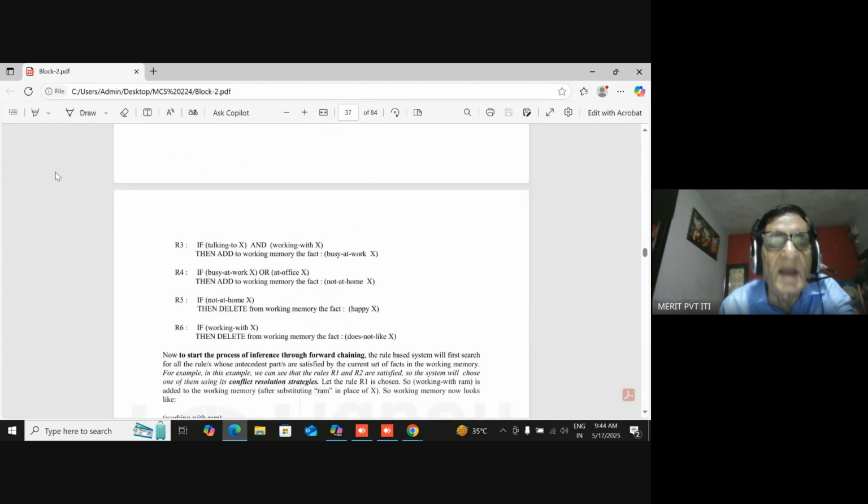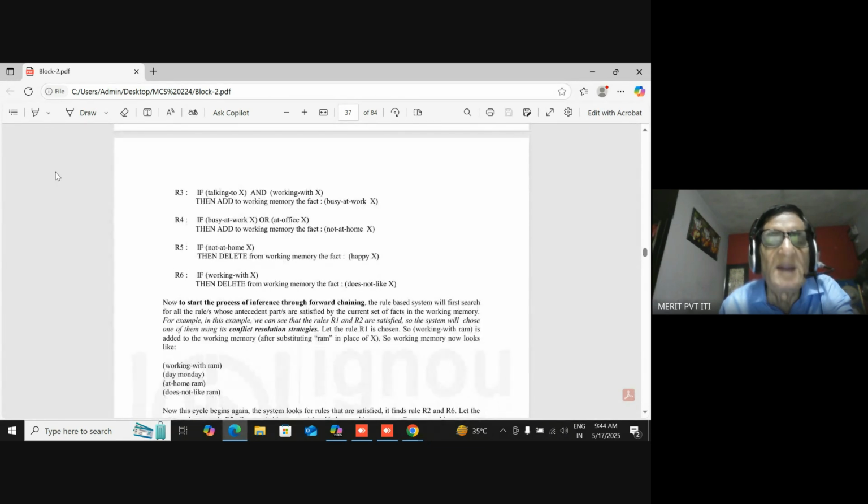If talking to X and working with X, then add to working memory the fact busy at work X. If busy at work X or at office X, then add to the working memory the fact not at home X. If not at home X, then delete from working memory the fact happy X. If working with X, then delete from working memory the fact doesn't like X, that is, doesn't like RAM.